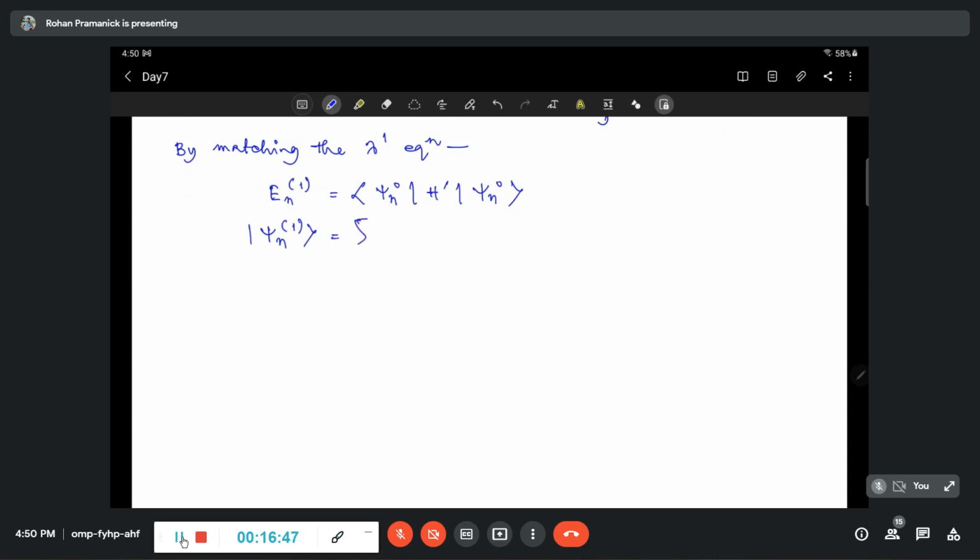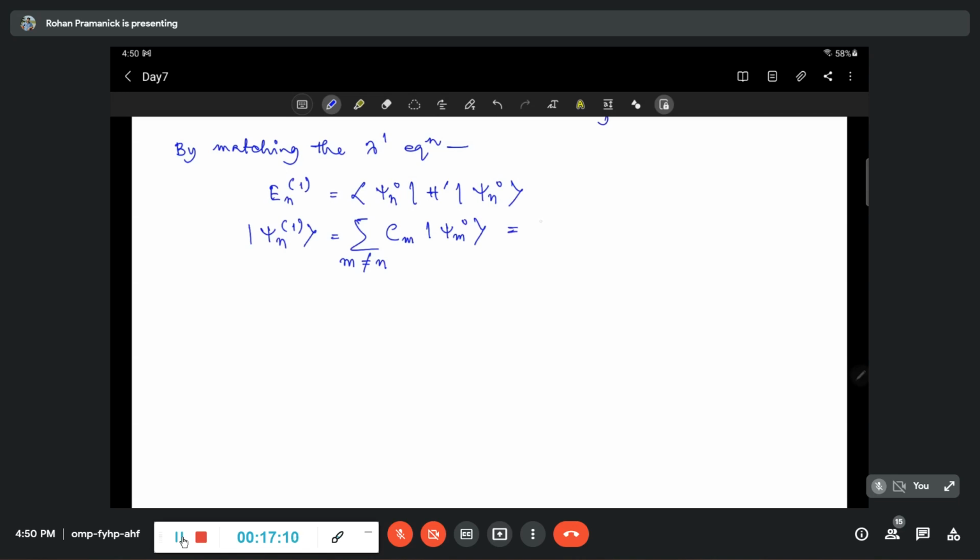This involved m, but we do not take the nth energy eigenstate. We can write psi m 0 because the energy eigenfunctions of the analytical solution form a complete, orthonormal basis, as you all know.